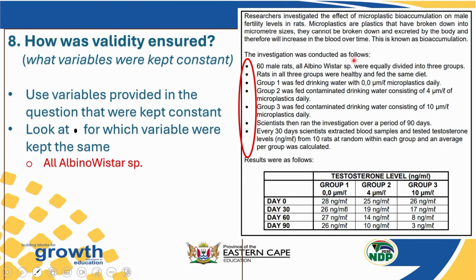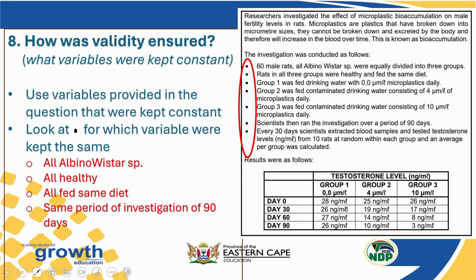Firstly, all the rats in this investigation were from the same species. They were all albino Wistar species. Secondly, they were all healthy rats. Also, they were all fed the same diet.